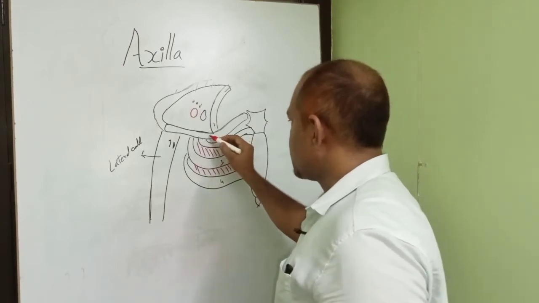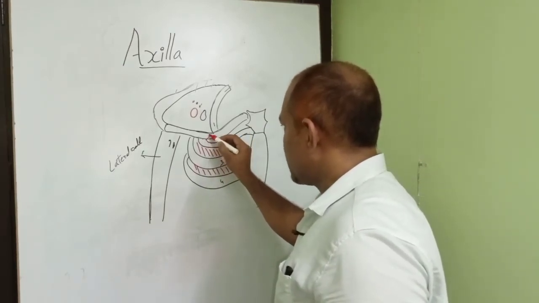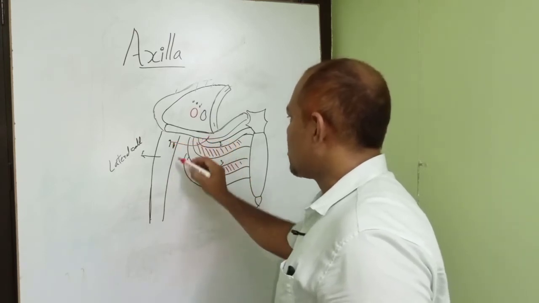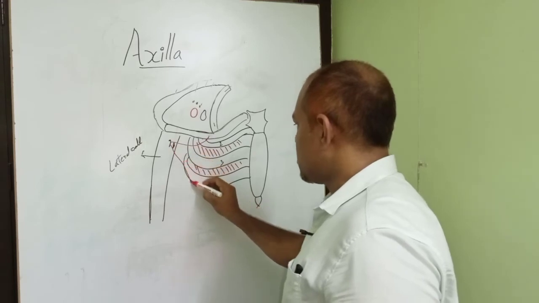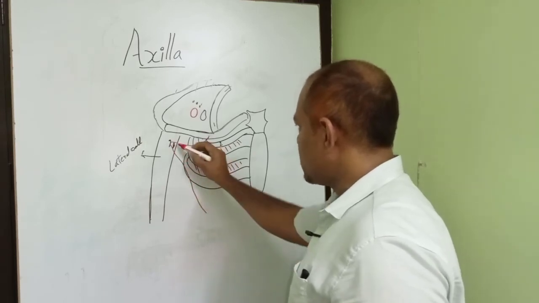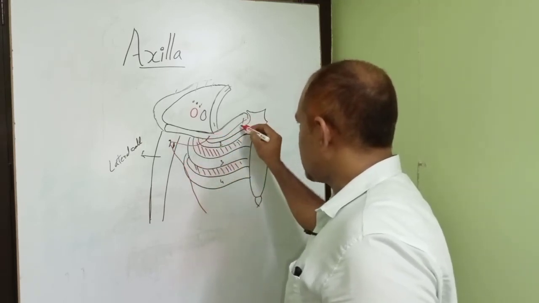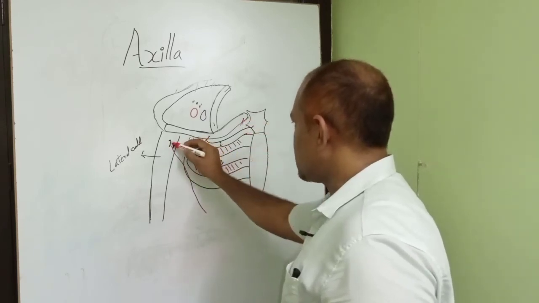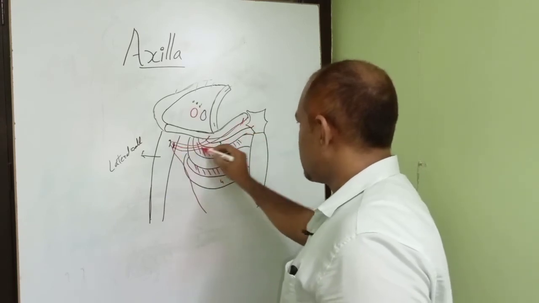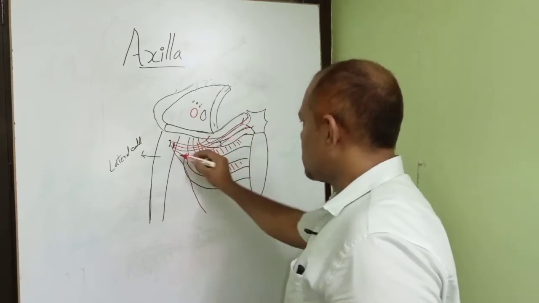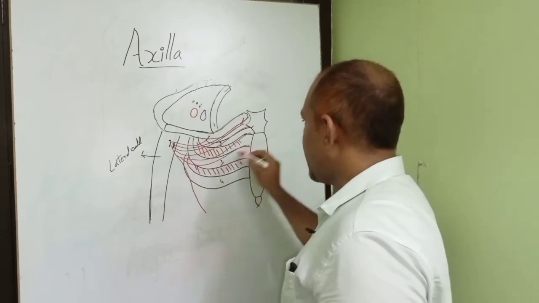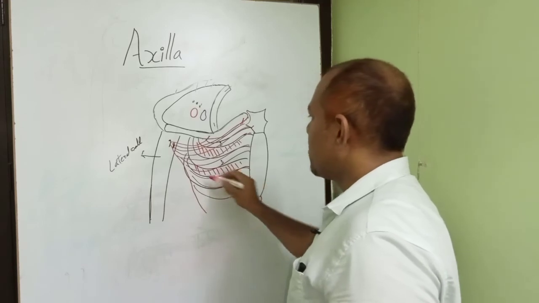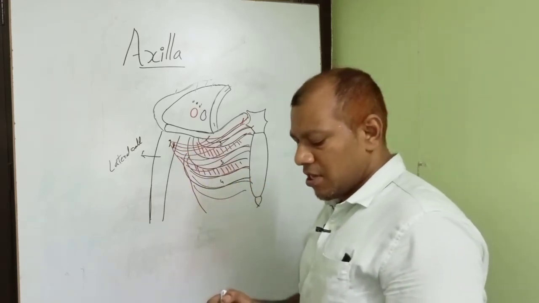These clavicular fibers are running downwards and laterally and reach the lateral lip of the intertubercular sulcus. Here you can see the aponeurotic fibers. These are the clavicular fibers, and here you can see the sternal fibers, and from the ribs the sternocostal fibers. So this is how the entire anterior wall is formed by pectoralis major.